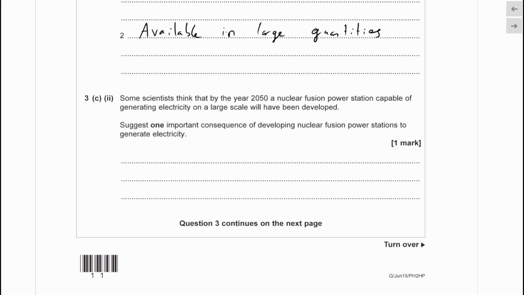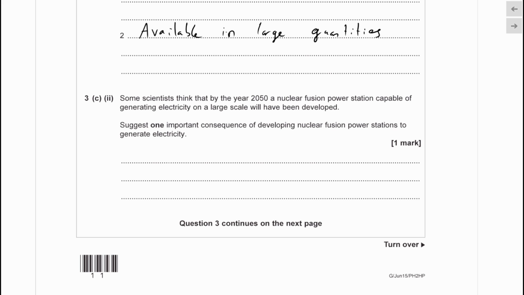Alright, so for part 2, it says some scientists think that by the year 2050, a nuclear fusion power station capable of generating electricity on a large scale will have been developed. Suggest 1 important consequence of developing nuclear fusion power stations to generate electricity. Now, there are loads of ways of wording this.